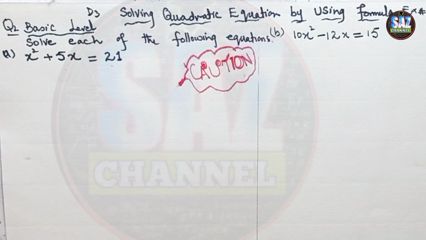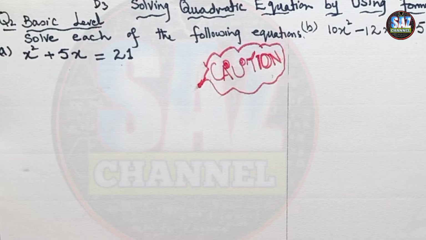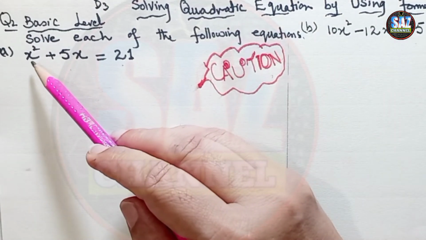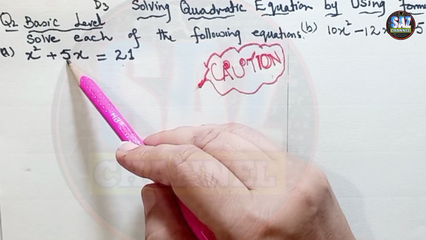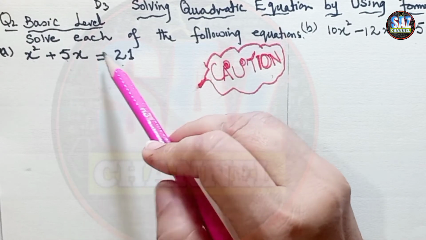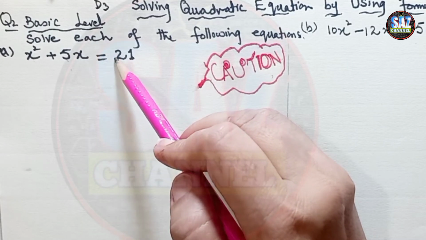Recall from my previous lesson that in order to solve a quadratic equation, either by hit and trial method, completing the square method or quadratic formula, your equation must be written in standard form. Standard form means the square term first, then the term with the variable having power 1, and the constant on the left hand side, and the right hand side must be 0.